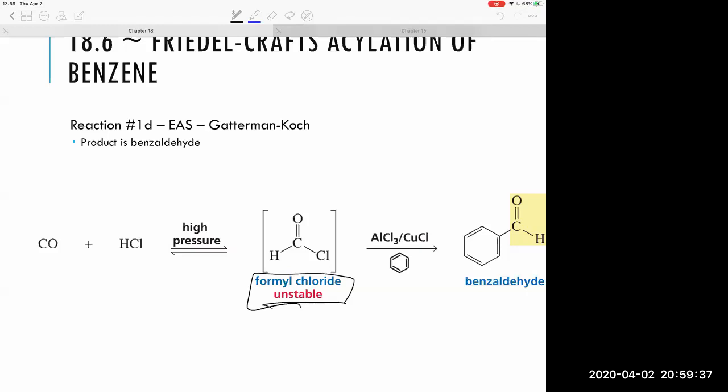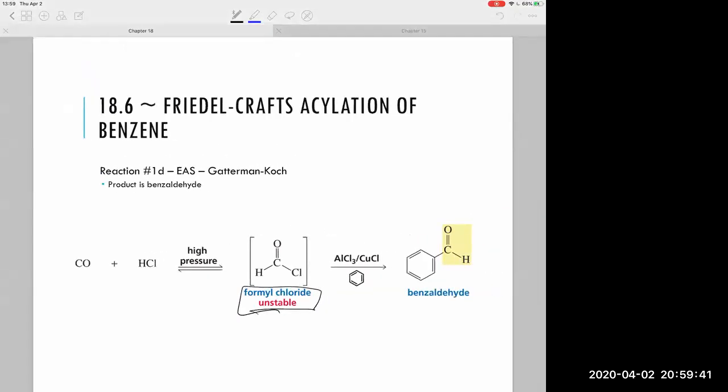So you have to prepare it and then immediately treat that with your aluminum chloride, apparently also copper(I) chloride, I don't know what that's doing for you, and your benzene ring in order to get benzaldehyde. All right, so a little bit more of a pain in the butt scheme for getting benzaldehyde as opposed to other acylation products.